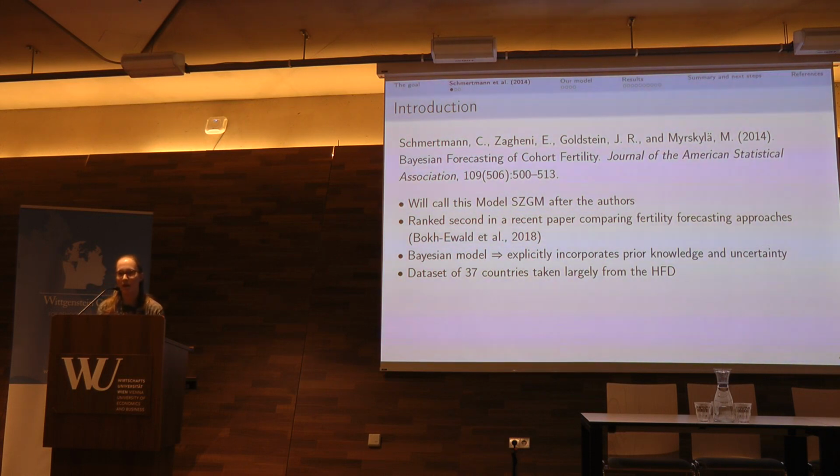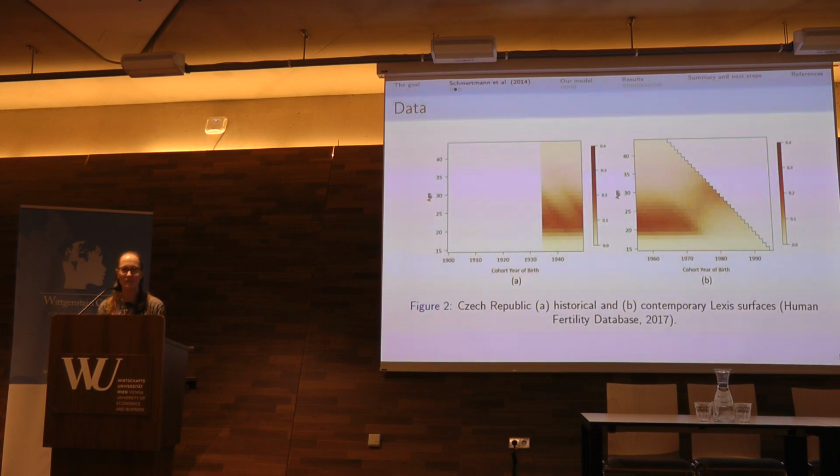The model uses a dataset of 37 countries, most of which are from the HFD. So for each country, the dataset is split into two parts, a historical part and a contemporary part. And here I show this for the Czech Republic, with the historical part on the left and the contemporary part on the right.